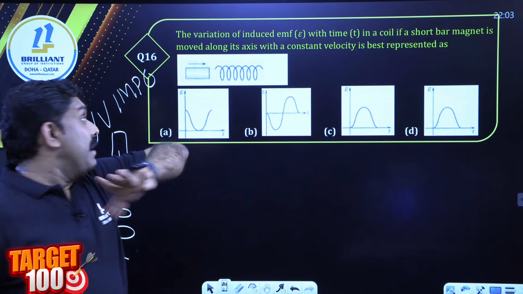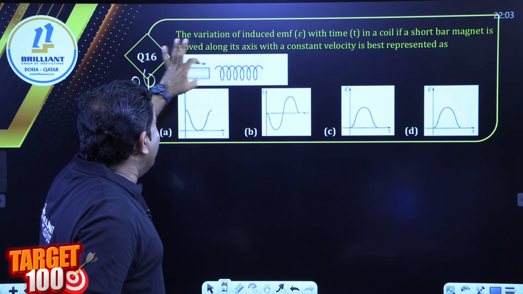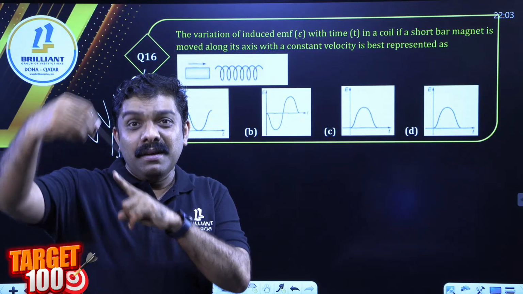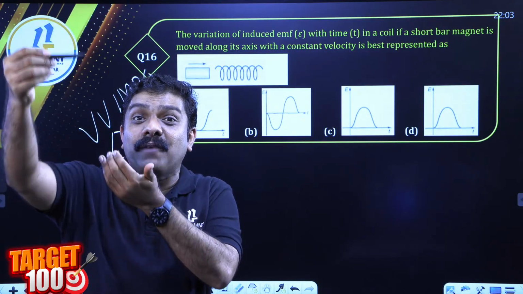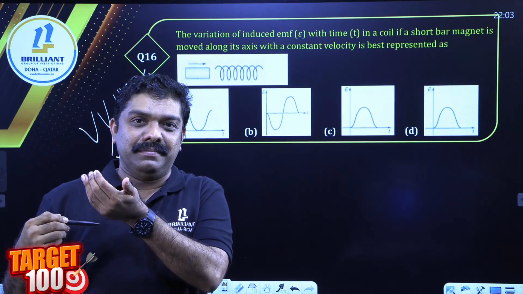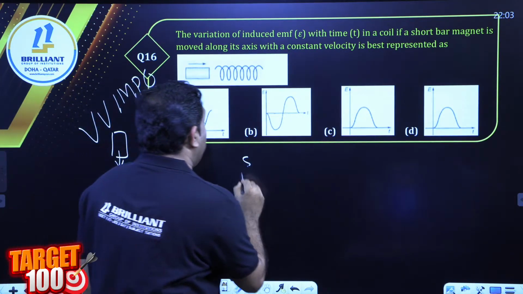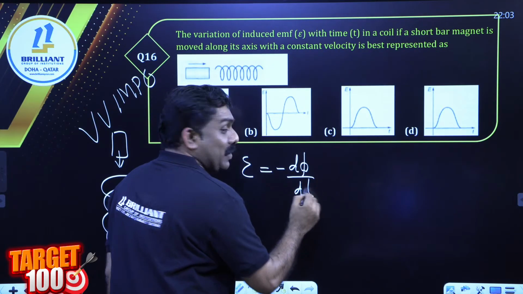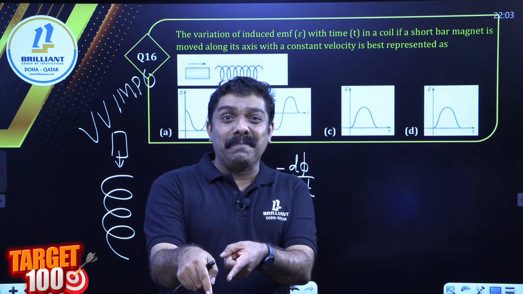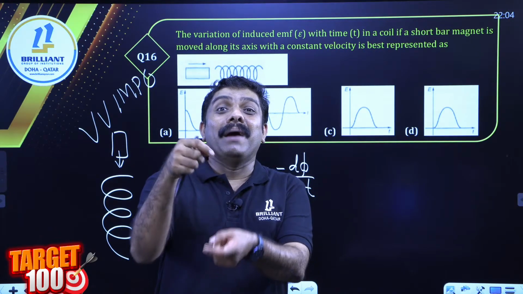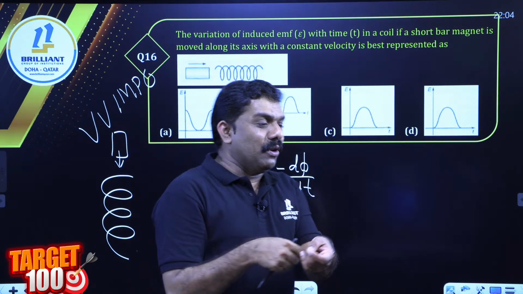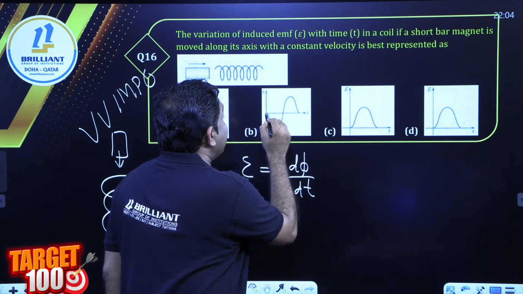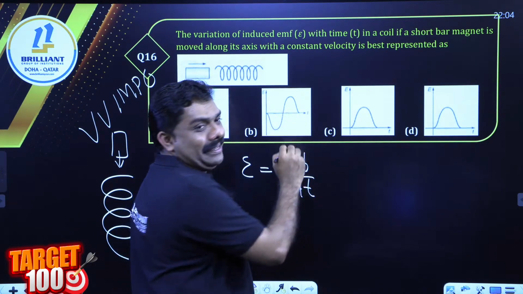See the difference. When it is moving into the coil, the flux will increase. Flux increase means d phi by dt will be positive. But the induced EMF equation is minus d phi by dt. So d phi by dt is positive, but it is minus d phi by dt, so we can say there is a minus sign. So that graph starts with the minus sign.